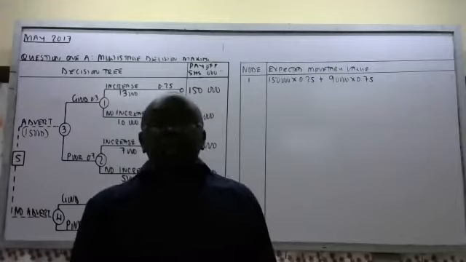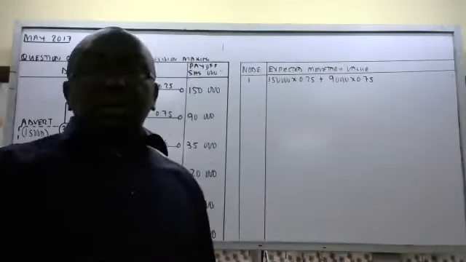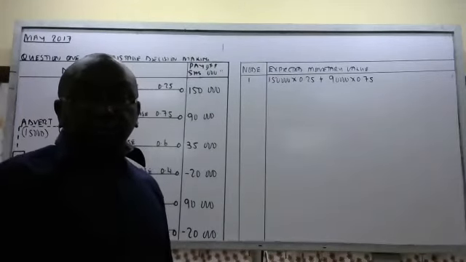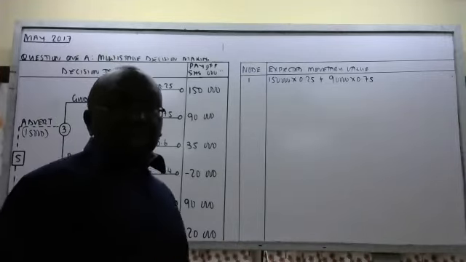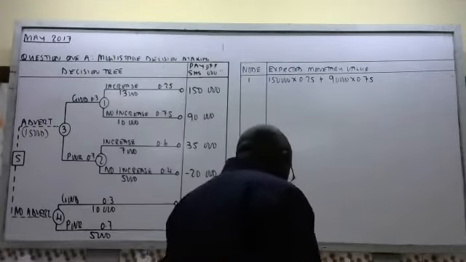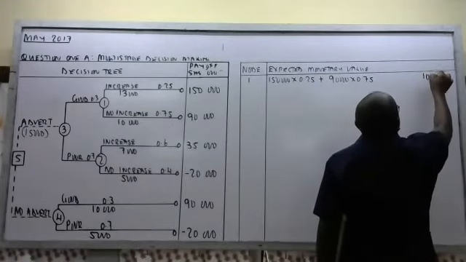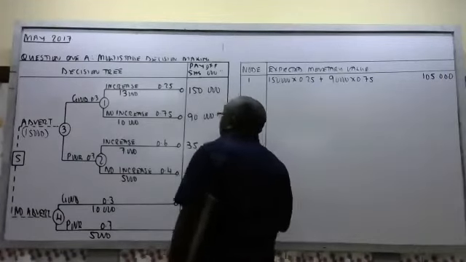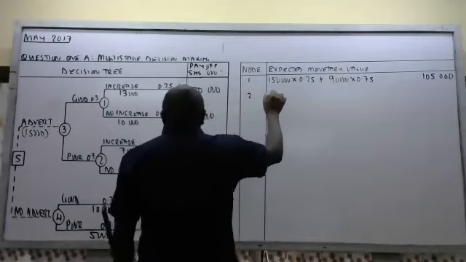Give me the answer for that. Yes, Timothy says 105,000. So we have 105,000.